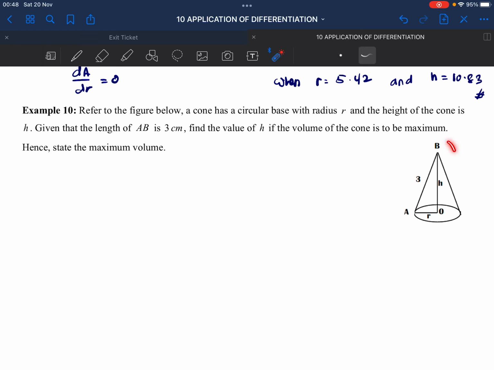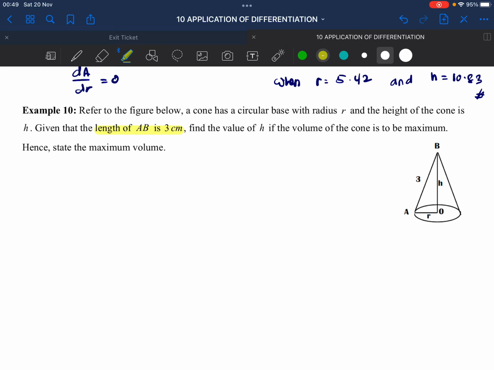Okay, the first step is you have to read the question and then we have to take one equation given from the question. Okay, no need to draw, we already have it. So from the question, as you can see, they only gave this one. This one is given to us. Length of AB is 3 cm.